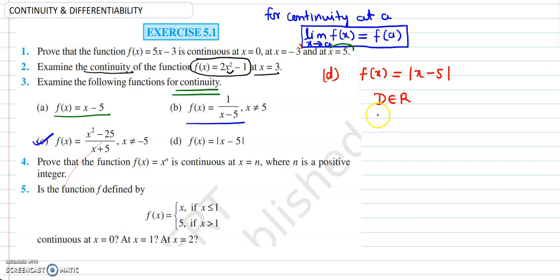So you can simply redefine this function. Redefining, it will be f of x equals minus of x minus 5 when x is less than 5, and plus of x minus 5 when x is greater than or equal to 5. Okay, simply you can see from here.